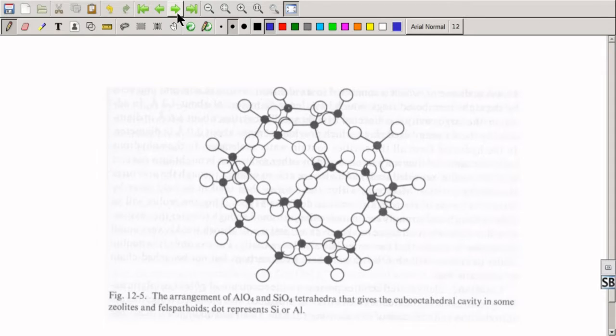I should try to find a color representation of this instead. You have to think in 3 dimensions. Essentially, you have this sphere of silica around a hole in the middle, and depending on the composition of the silica, you can vary the size of the hole, and therefore vary the size of molecule that will get adsorbed into the stationary phase.